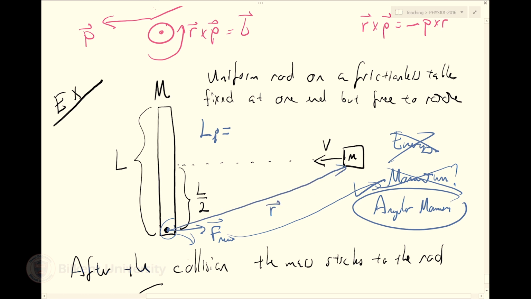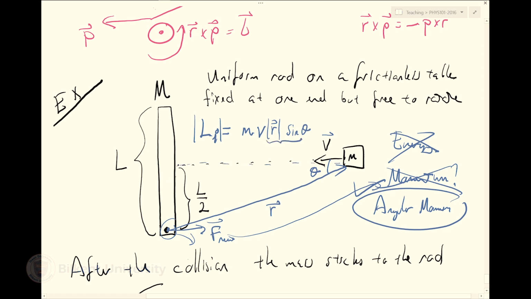If this is r and this is m times v, I think there will be a counterclockwise angular momentum here, like r cross p gives me out of the screen direction. How about the magnitude of initial angular momentum? So this is going to be m times v times r times sine theta.